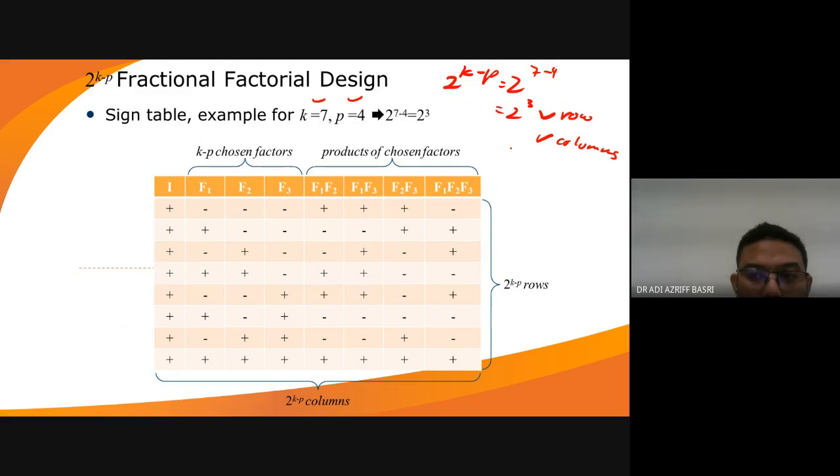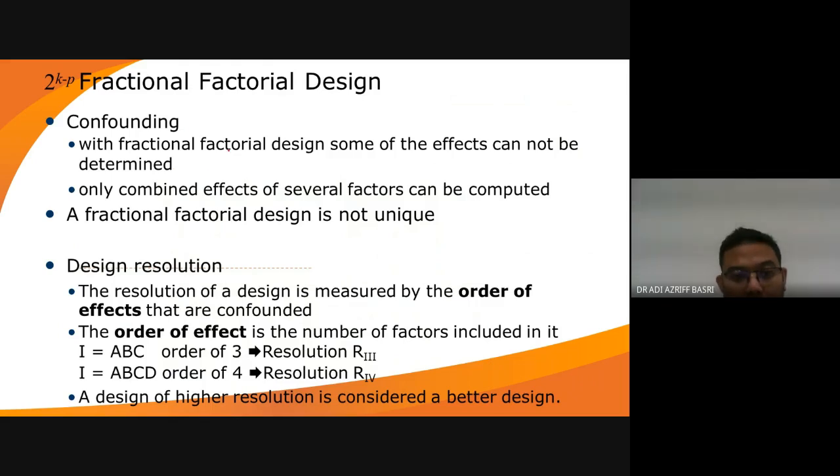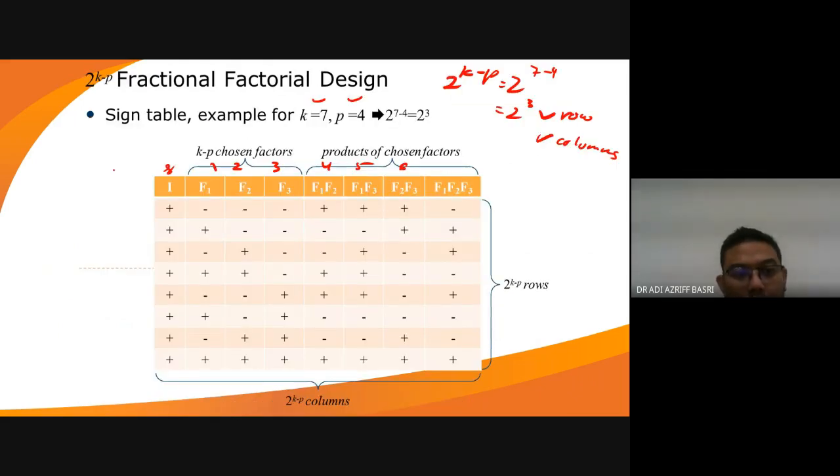So k minus p becomes 2^3. I have factors 1, 2, 3 here, and the products f1f2, f1f3, f2f3 and so on, so you have 1, 2, 3, 4, 5, 6, 7, and I is 8.